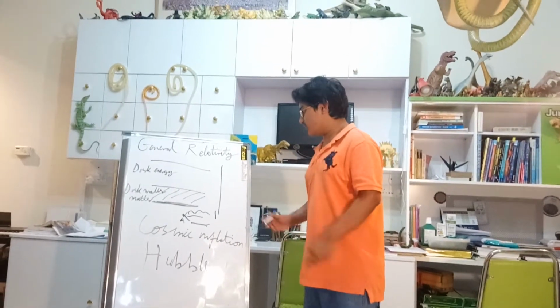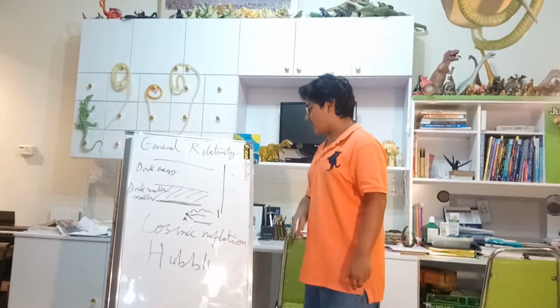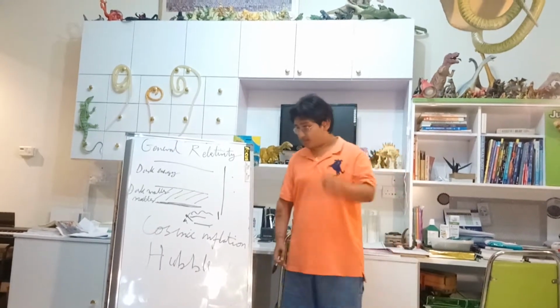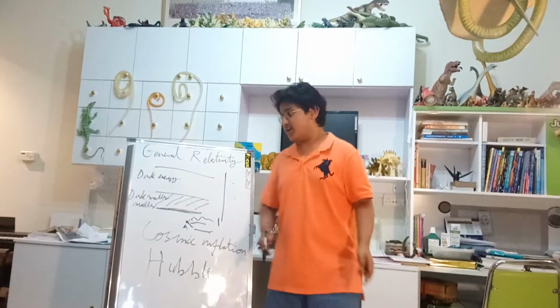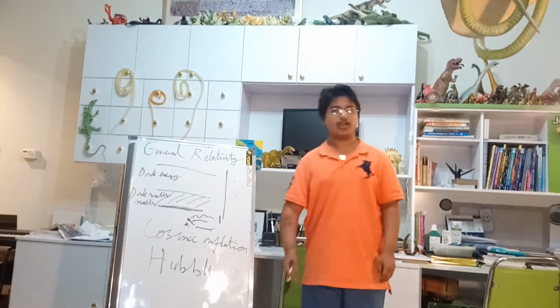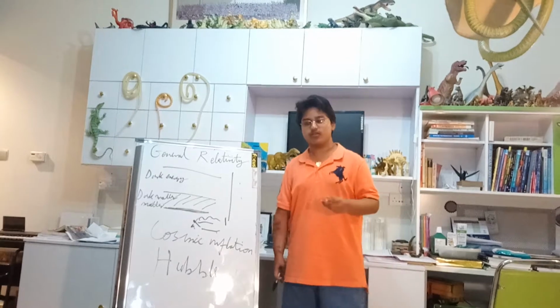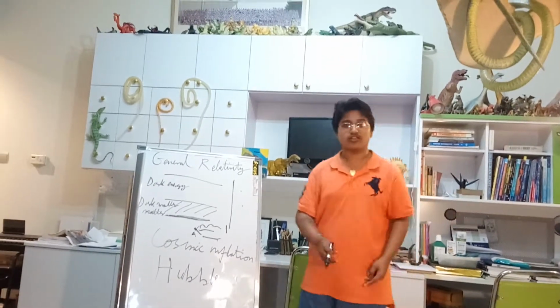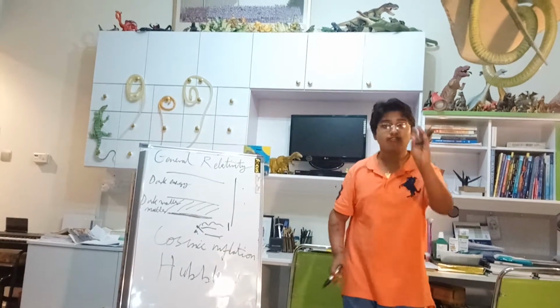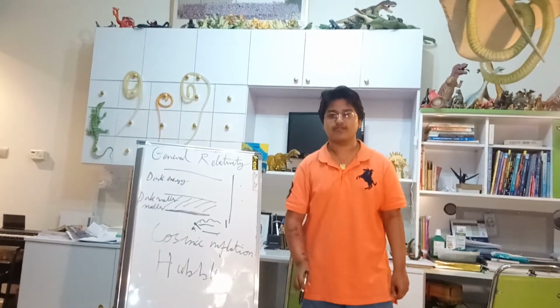How does this work? Well, it works in tandem with dark matter and dark energy. All the matter in the universe that we see, the matter that we can observe, makes up less than 5% of the entire universe. Just think about that. Everything that you see, from whales to dolphins to galaxies to stars, 5% of the entire universe.